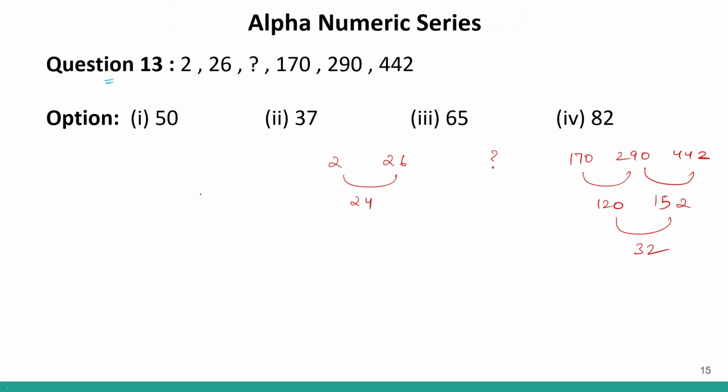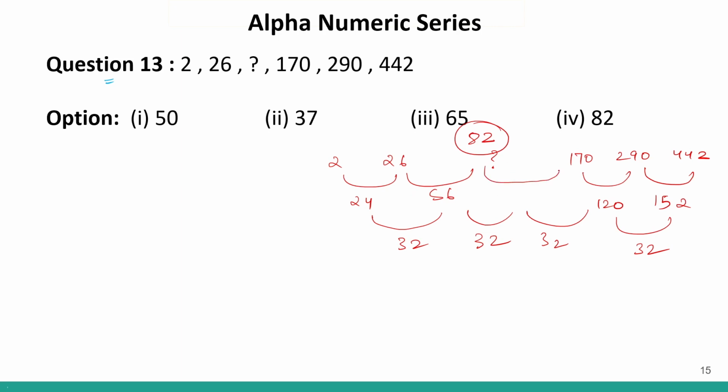Correct? Now maybe if I add 32, 32 and 32, I can get a pattern. If I add 32 to 24, I'll get 56. 56 and 26 together will give me 82.